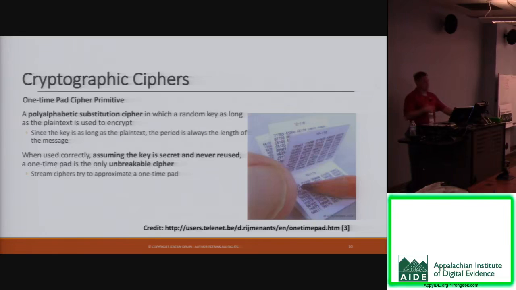In the book you see here, this is a picture of a book supposedly used during the Cold War, where you would take your message, start at the very beginning of the book, and read the very first key in the book and use that as the key to encrypt the first letter in your plain text. You would use the second letter in the book for your second letter in your plain text, and so on and so forth. The book is supposed to be very long, so you can encrypt your entire message and not even use up the entire book.